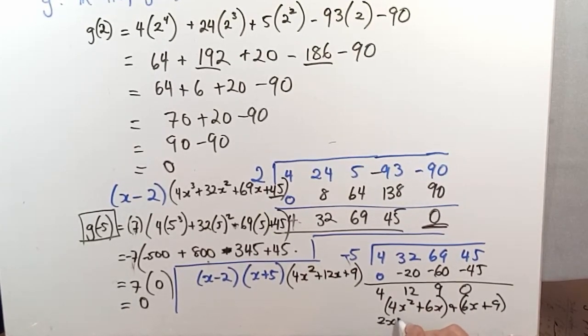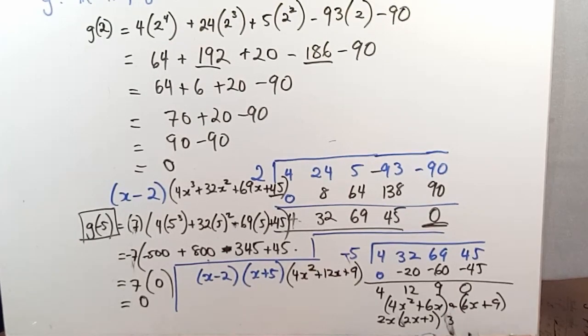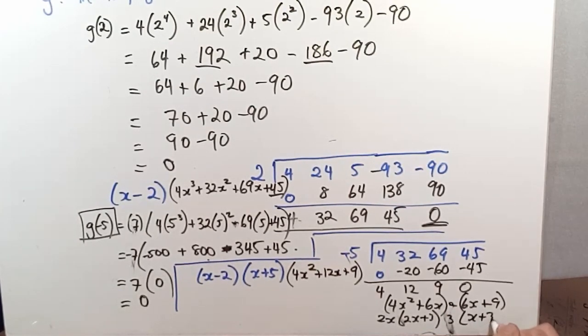Take out 2x, bracket 2x plus 3. And then I get, take out 3, 2x plus 3. So 2x plus 3, 2x plus 3. This is a perfect square, sorry.